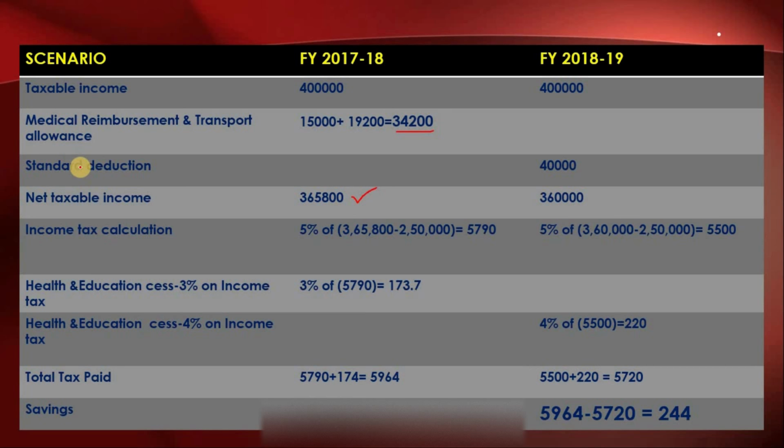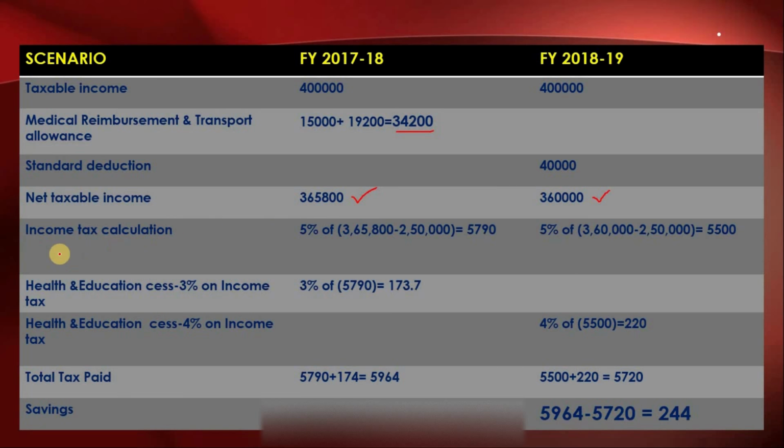But this year, the finance minister stated that there will be a standard deduction of 40,000, which will replace this medical reimbursement and transport allowance. So this 40,000 will be deducted from your annual salary. Suppose, as we assumed, our salary is 4 lakhs, deducting 40,000 from 4 lakhs, we'll have 3,60,000.